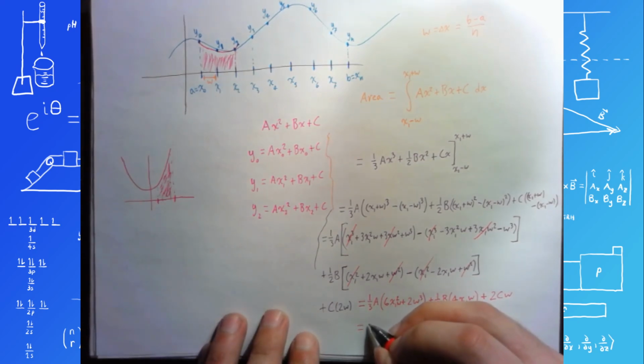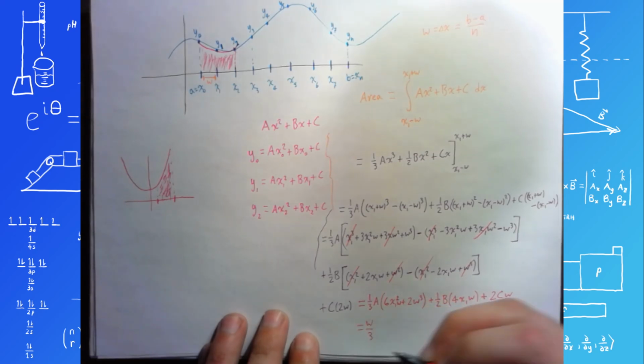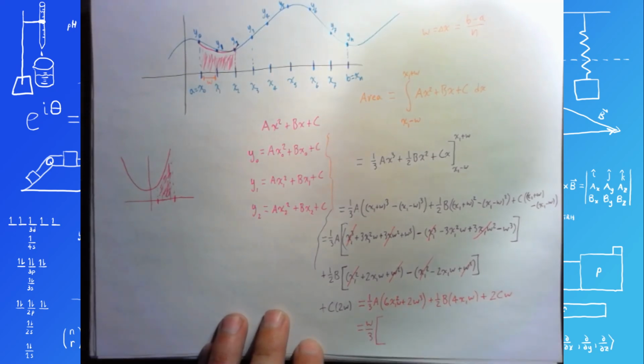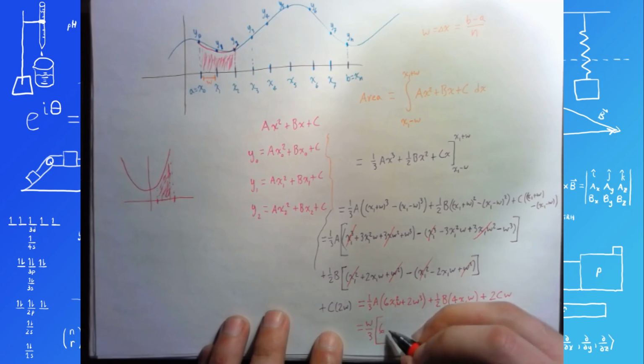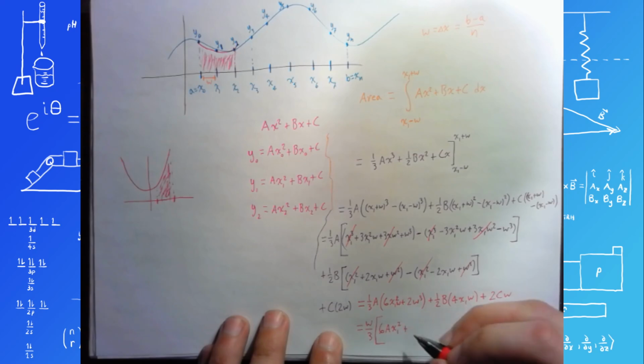So this equals w over 3 times, we've got 6a x1 squared plus 2a w squared.